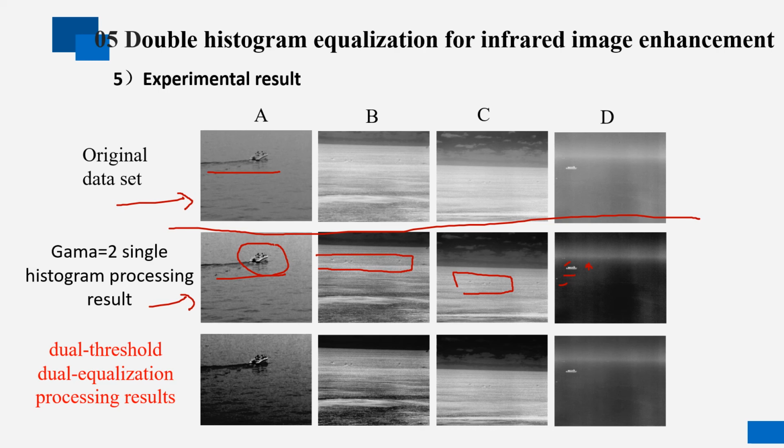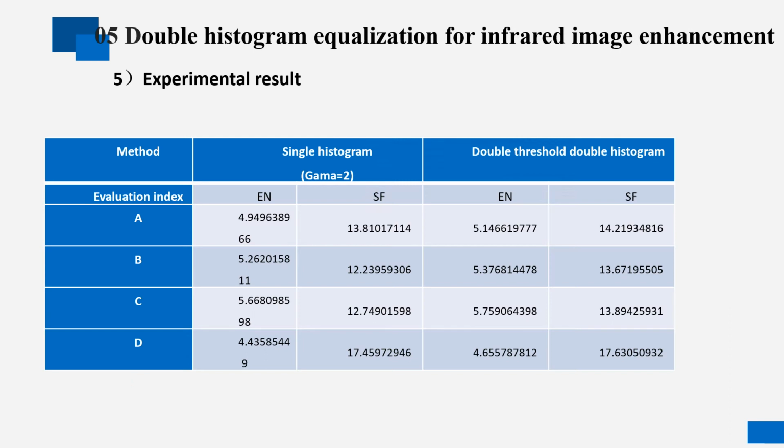But if we apply dual histogram equalization using dual threshold values, we can see that objects are now more prominent than here, and as we can see here and here as well.